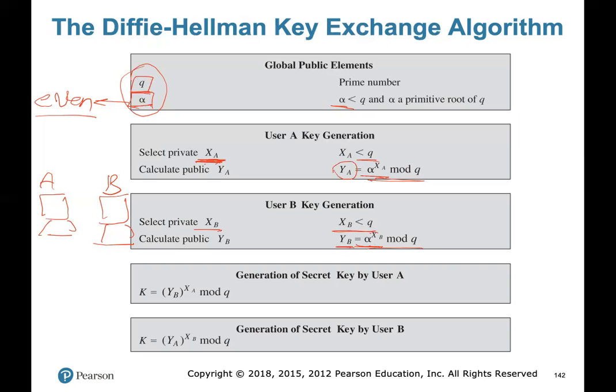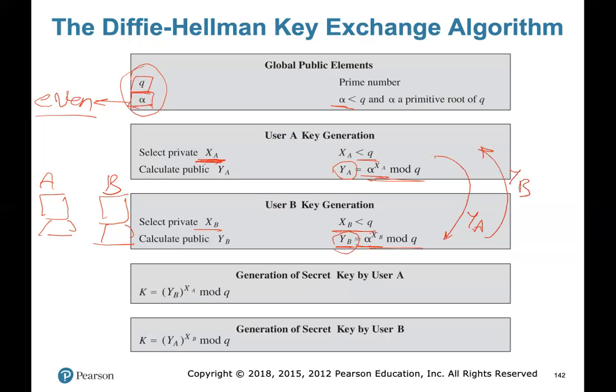Okay, the 2 parties now exchange their Y's. It means that Alice sends YA to Bob and Bob sends YB to Alice.